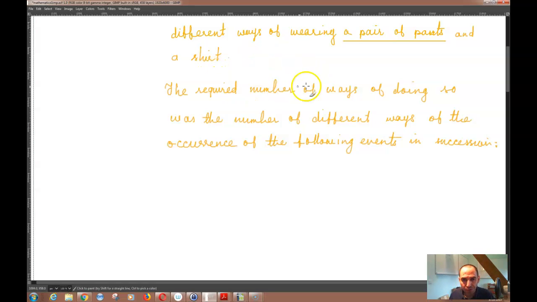So the required number of ways of doing so was the number of different ways of the occurrence of the following events in succession.